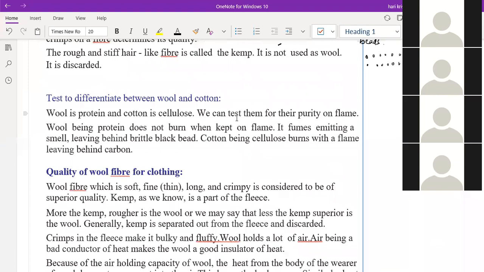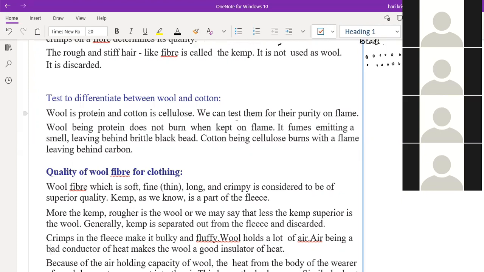One common way is by touch. The woolen cloth holds a lot of air. Second, the cotton cloth is generally rough. That is one common thing we can use to differentiate between wool and cotton.